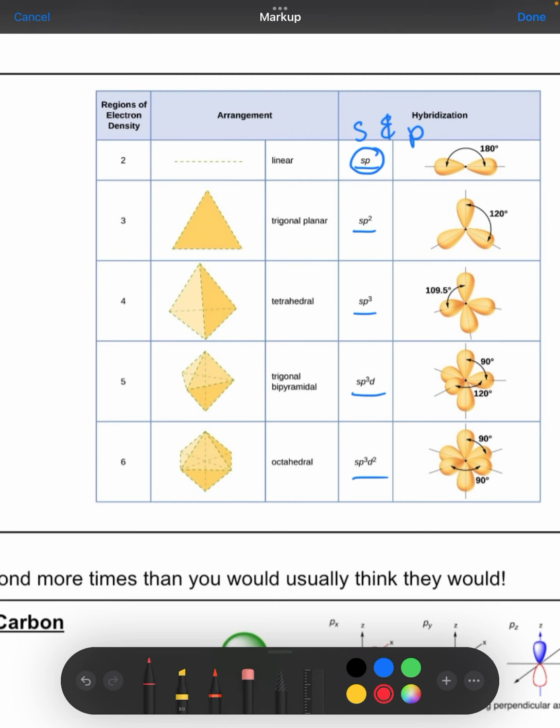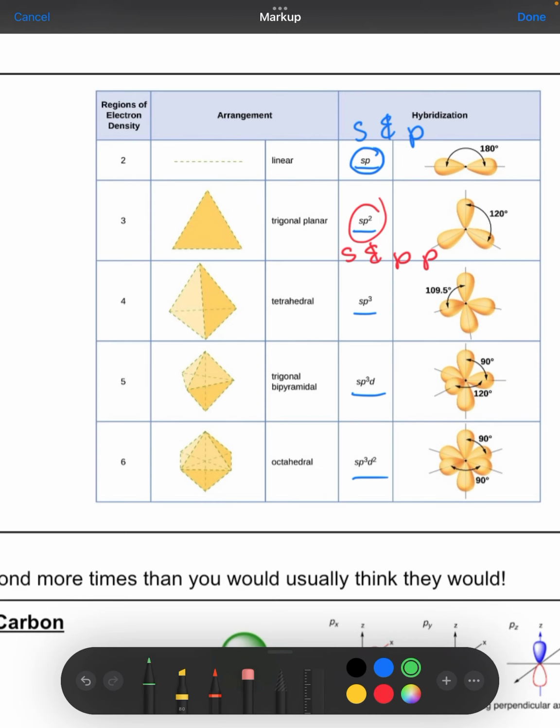If something is sp2 hybridized, that means that an s and then two of the p orbital spaces will hybridize together and create a hybrid of them. And again, this could be a 2s and 2p's, or it could be a 3s with two of the 3p orbital spaces. It could be a 4s with two of the 4p orbital spaces. It could be any energy level, but this is telling you amounts.